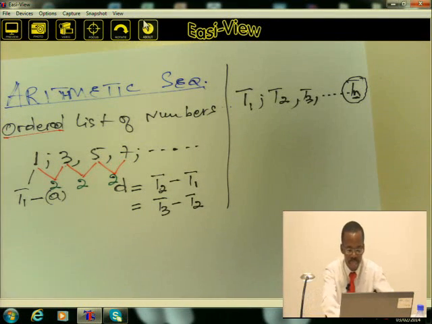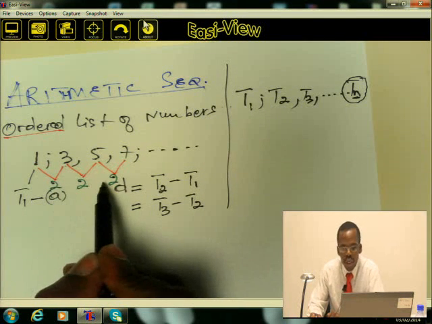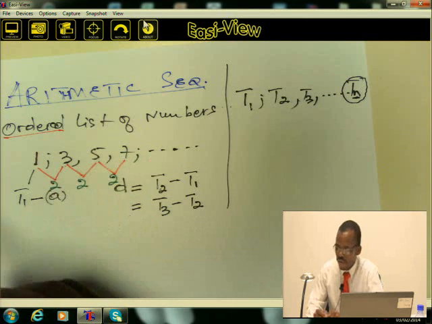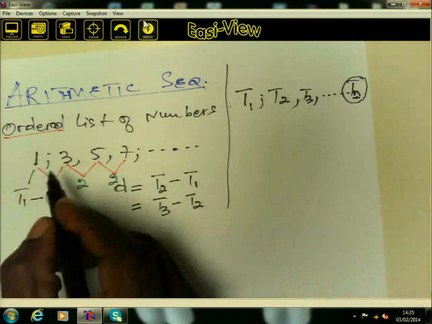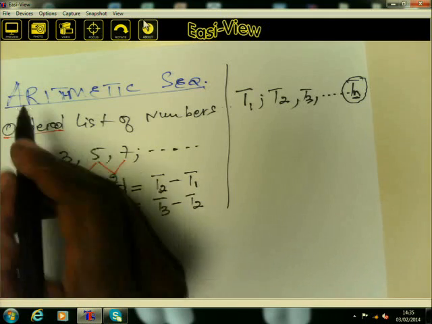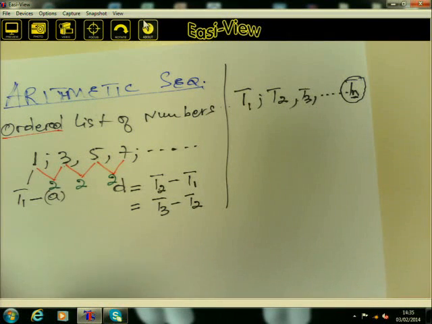Then we say that this difference is common, or the same, between the consecutive numbers of a sequence, so this particular sequence is arithmetic, because of the common difference. In this case, the common difference is 2.